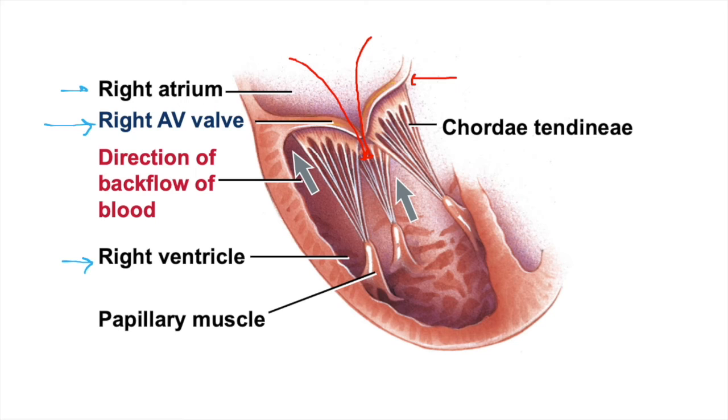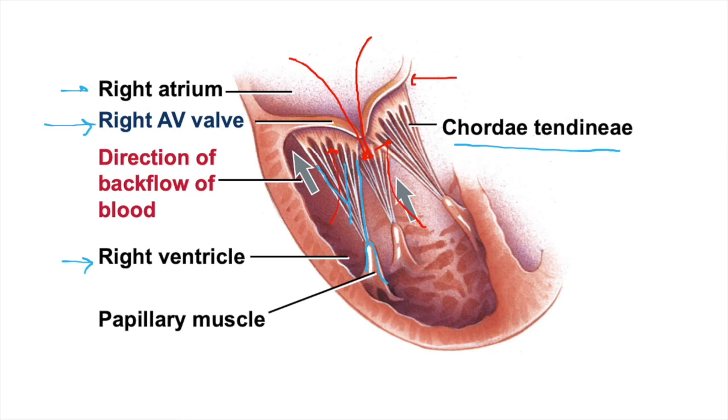Now, when we get a contraction of the ventricle, it's going to push some blood backwards towards the right atrium. When that happens, the right AV valve flaps are going to snap shut. You can see here we have a papillary muscle, and the papillary muscle is connected to these chordae tendineae, or tendinous cords. They support these flaps of the AV valve.